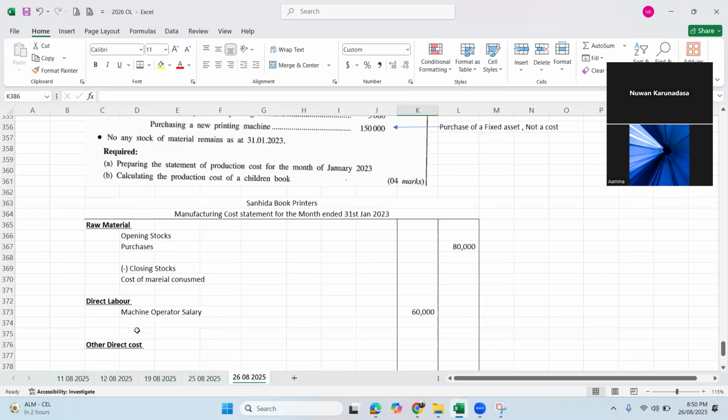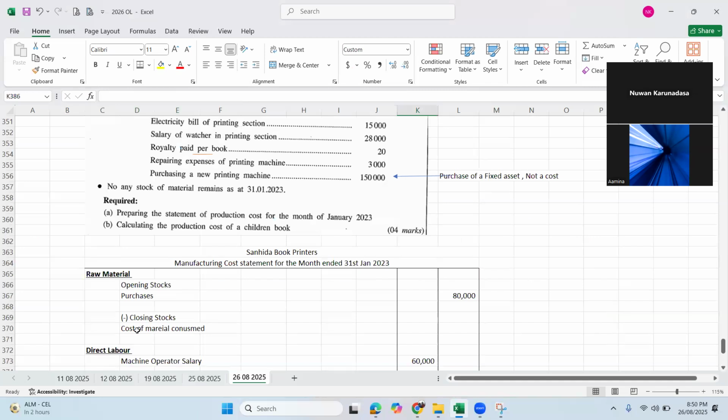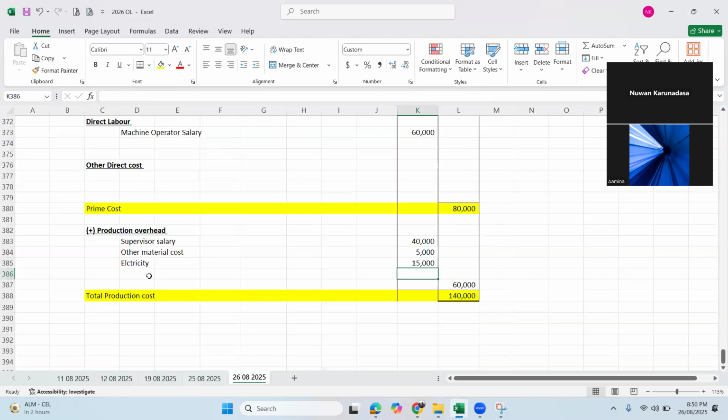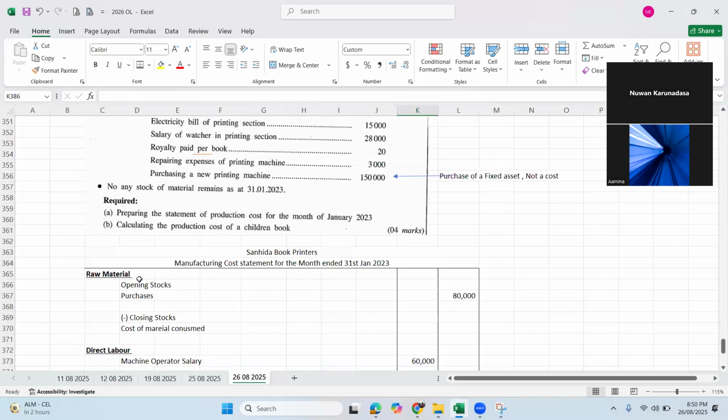Electricity bill 15,000. Salary of the watcher in printing section. Watcher salary 28,000.